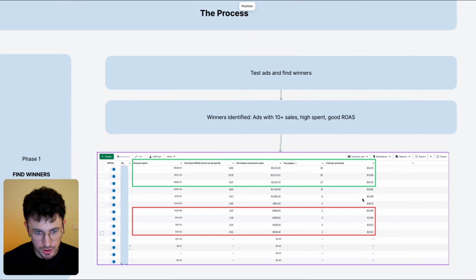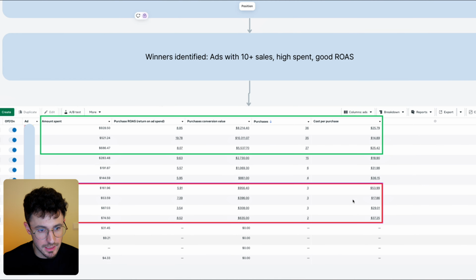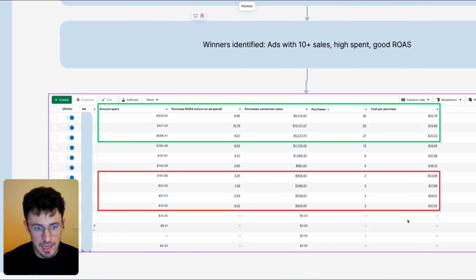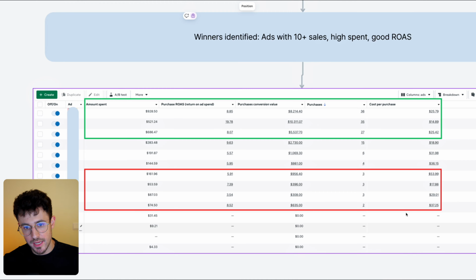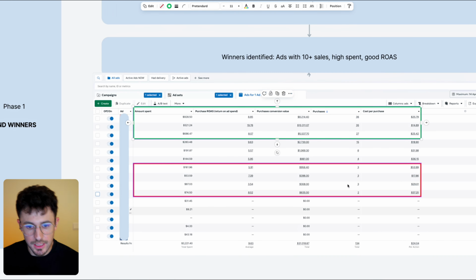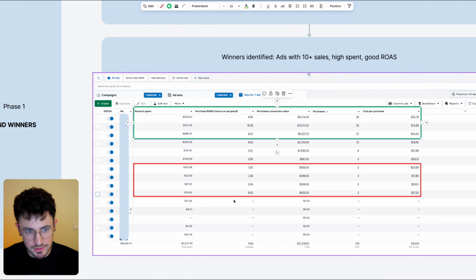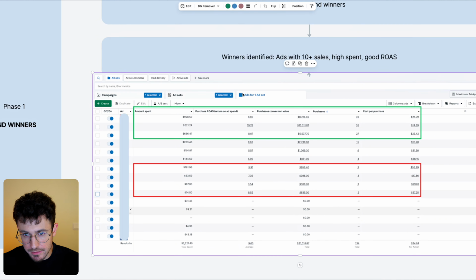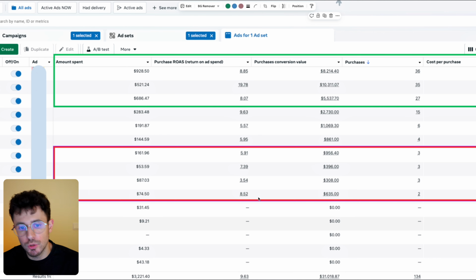Now, here is a screenshot for you to analyze, and I'm going to explain exactly how to find winning ads. As you can see, guys, we have a lot of different creatives inside this ad set. So this is one ad set with many different creatives, and we have some creatives down here that have a very good return on the ad spend, like this one, for instance, 8.52, 7.39.